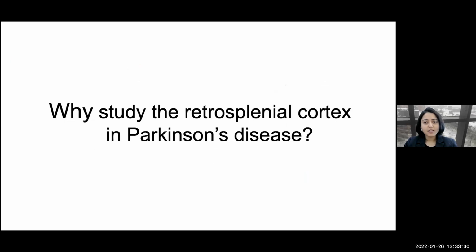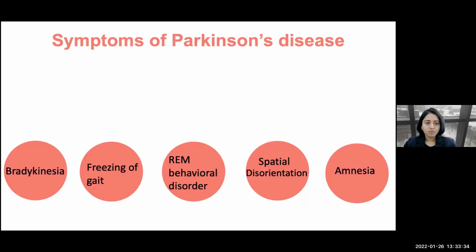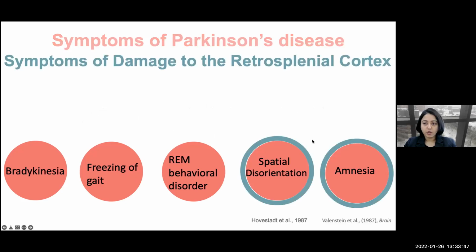But why study the retrosplenial cortex in Parkinson's disease? Some of the symptoms of Parkinson's are bradykinesia, freezing of gait, REM behavioral disorders, facial disorientation, and amnesia, while some of the symptoms of damage to the retrosplenial cortex are spatial disorientation and amnesia.